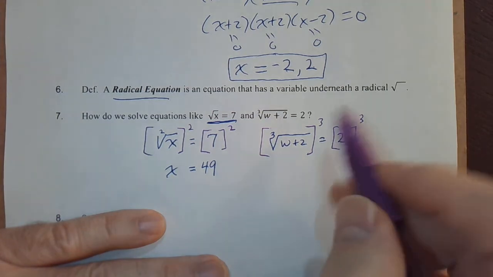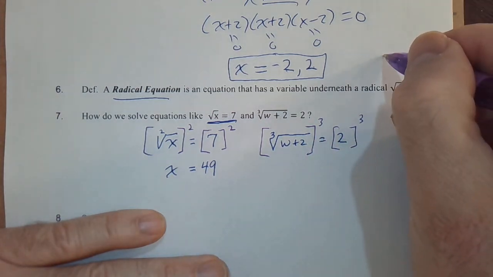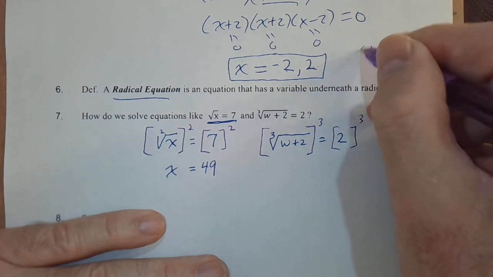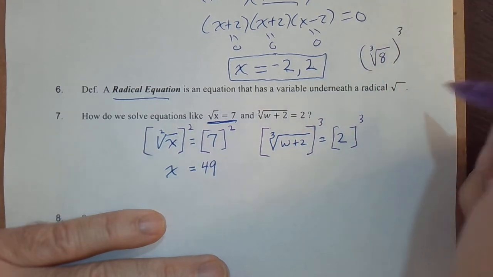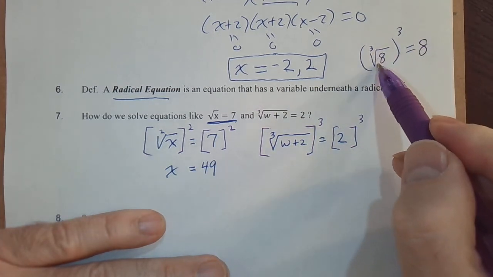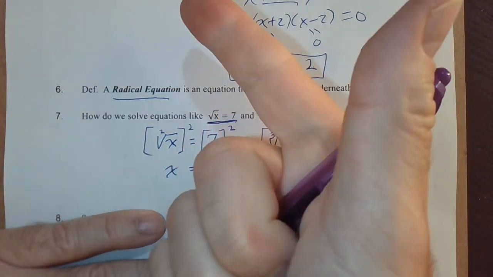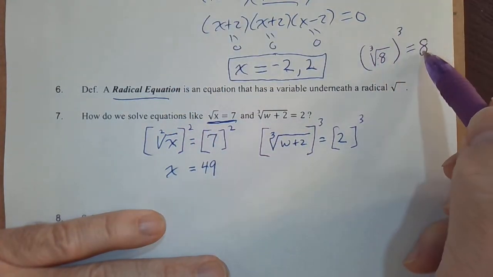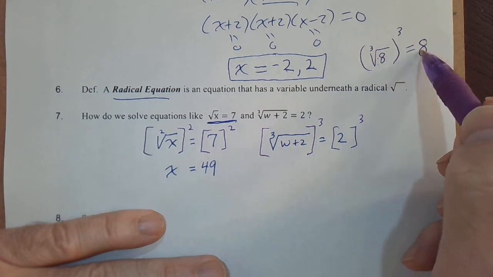Just as a quick example, if you took the number 8 and you took the cube root and then you cubed it, you're going to get 8, because the cube root of 8 is 2. 2 times 2 times 2 is 8. And then when you cube 2, you get 8, exactly what you started with.